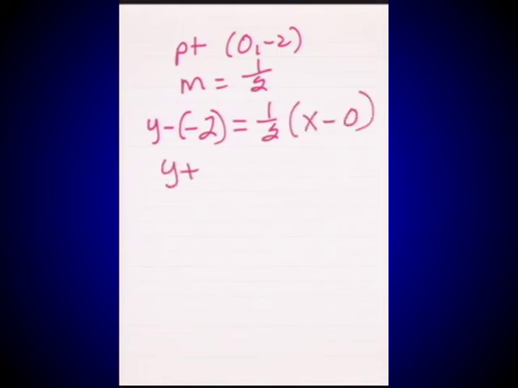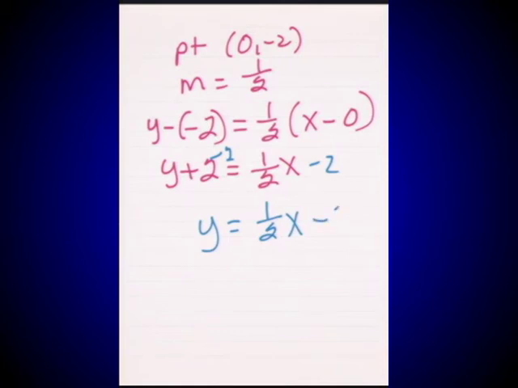So I have y plus 2 equals, well, x minus 0 is just x. So when I distribute, I get 1/2 x minus 0, which of course goes away. To finish solving for y, I will subtract 2 from both sides and get y equals 1/2 x minus 2.